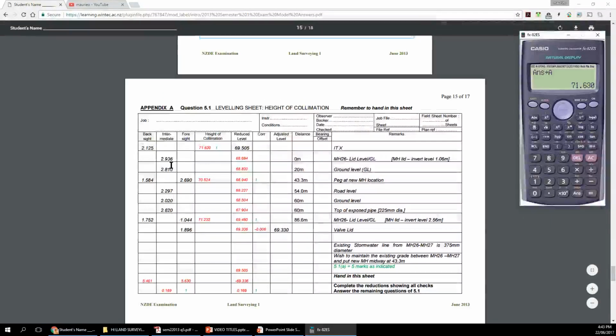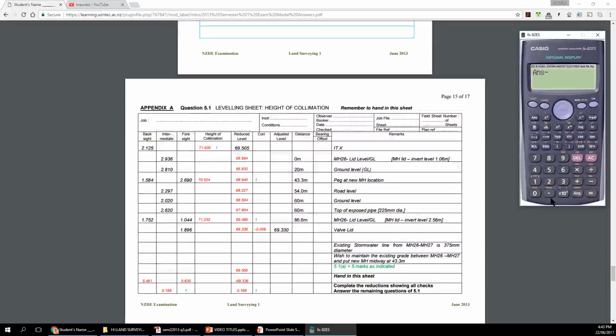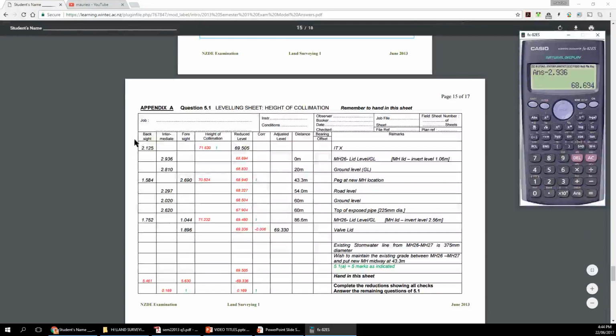So now we go back, and if we want to find the RL of the next one, the intermediate there, we just subtract, so that just becomes minus 2.936 equals, and that gives you 68.694. And similarly, the 2.810 comes off the 71.630.